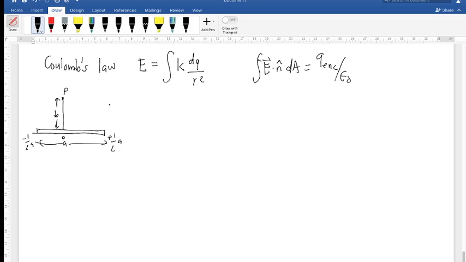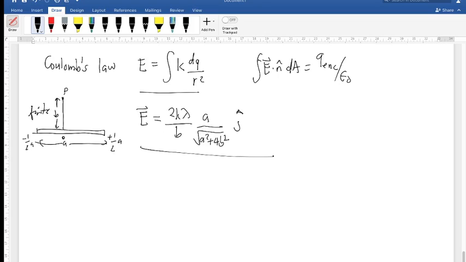So recall that the expression we got using Coulomb's law is E equal to 2k lambda, b over a square root of a squared plus 4b squared, in the j hat direction. So for a finite length, this is the expression of its electric field.